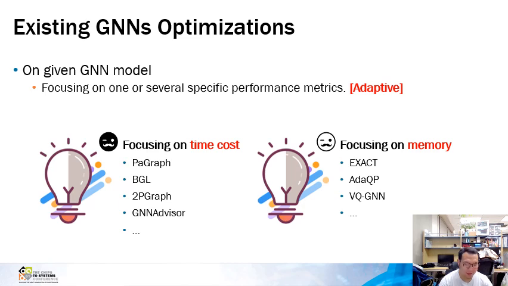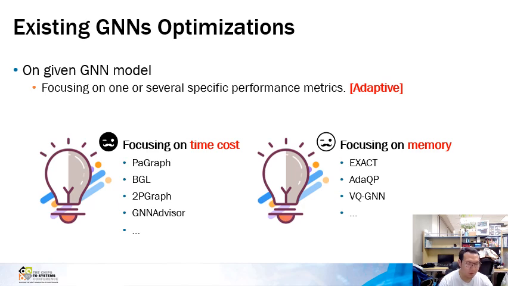PaGraph uses static cache policy. BGL employs dynamic cache and enhances the system's throughput. GNNAdvisor provides guidelines for optimizing GNN execution on GPU. There are 2PGraph and many other works focusing on time cost.